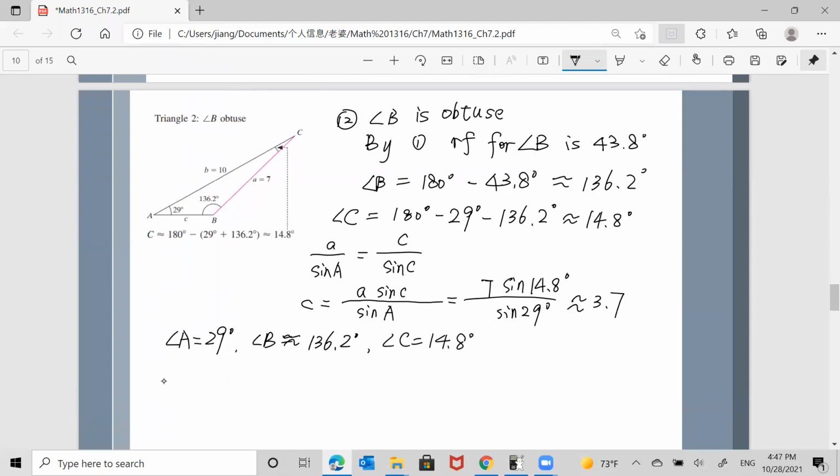And A equals 7, B equals 10, and C is about 3.7. So that's a solution for this one. There are two cases. One case, that's B is acute angle, and another one is B is obtuse angle.